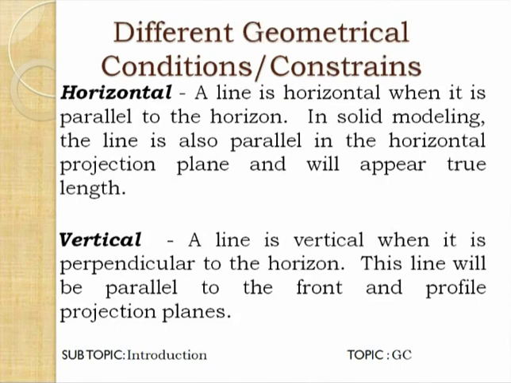Then horizontal line. When parallel to horizon, it is called horizontal line. The line is also parallel in the horizontal projection plane and will appear true length. Vertical line. A line is vertical when it is perpendicular to horizon. So vertical line is perpendicular to horizontal line. This line will be parallel to front and profile plane also.